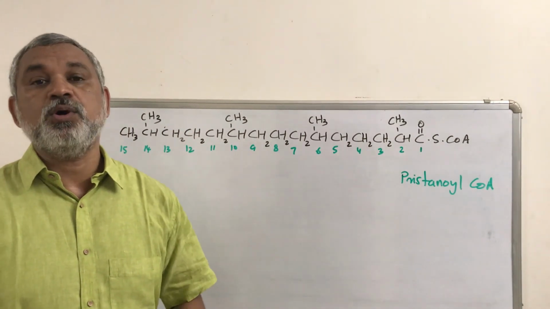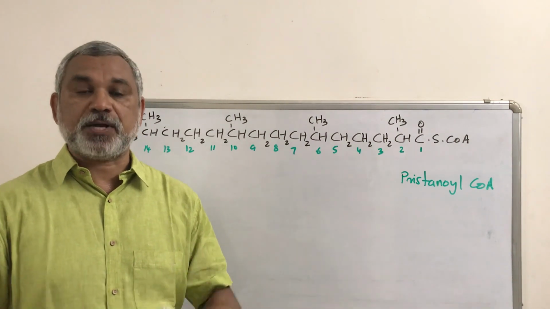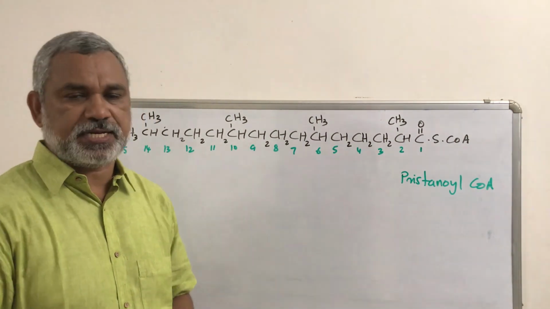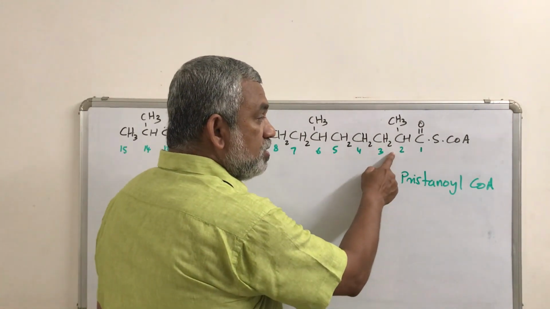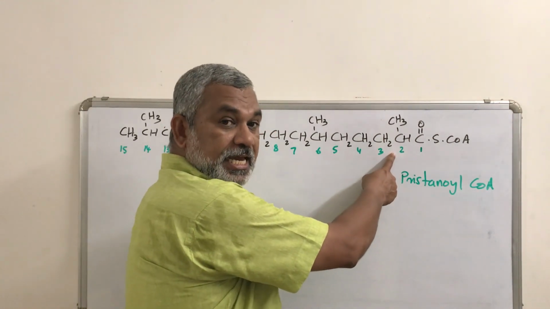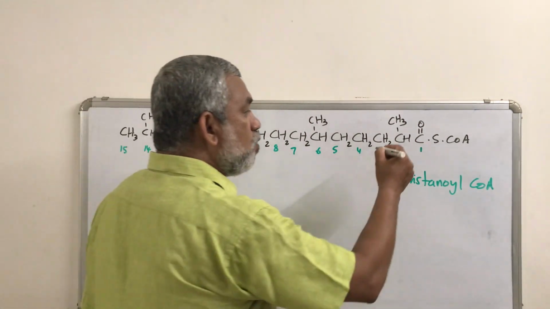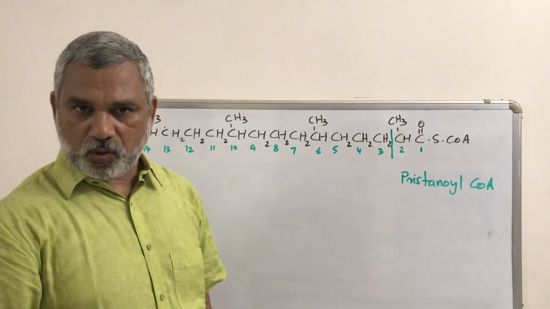And let us see how the routine beta oxidation is being carried out in the peroxisome by using the regular enzymes of beta oxidation. We are aware that oxidation must occur at the second carbon atom. So in the first round of beta oxidation, this carbon-carbon bond is broken.